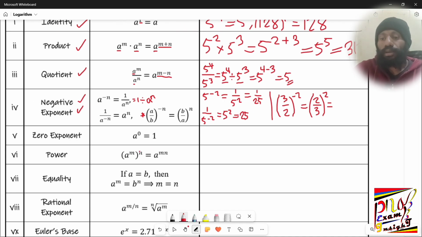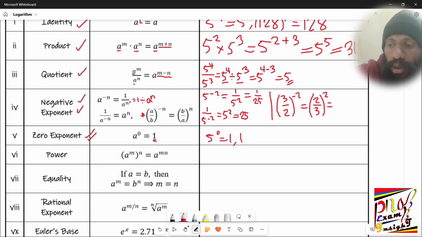Now let's move on to the zero exponent, zero power. For zero power, any base, whether negative numbers, positive numbers, a big number or small number, if it is raised to the power of 0, it will always equal 1. For instance, 5 raised to the power of 0 equals 1.